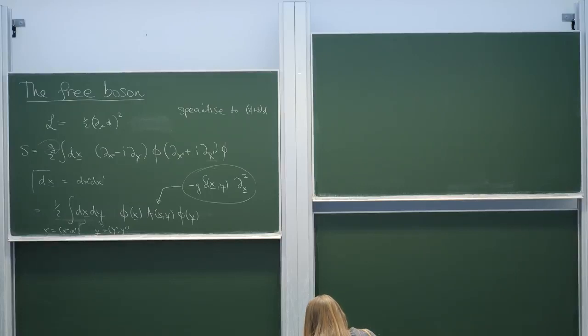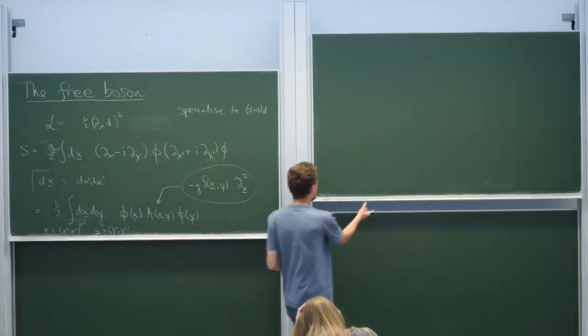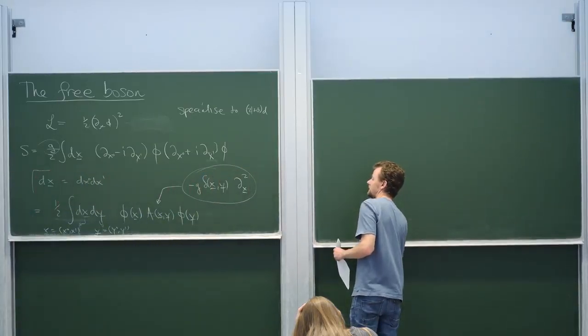All right. So now we rewrite the action as a vector, matrix, vector. And then we're going to substitute that into a path integral to quantize this theory.